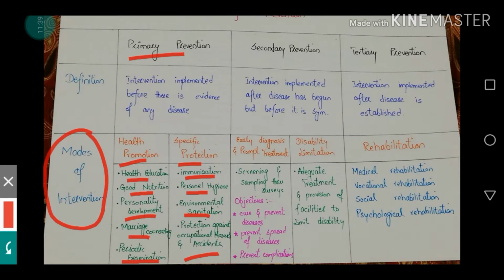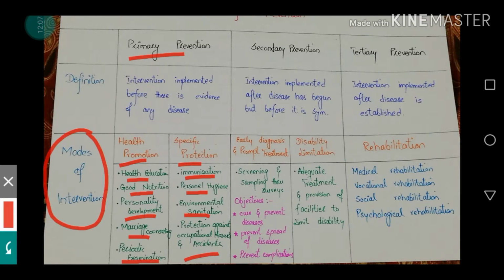Now, by health promotion and specific protection, primary prevention is given to the people in the areas where they are susceptible to develop a disease, so that we can actually prevent a disease from happening. As they say, prevention is better than cure. This is the actual example of this quotation in terms of medical sciences.